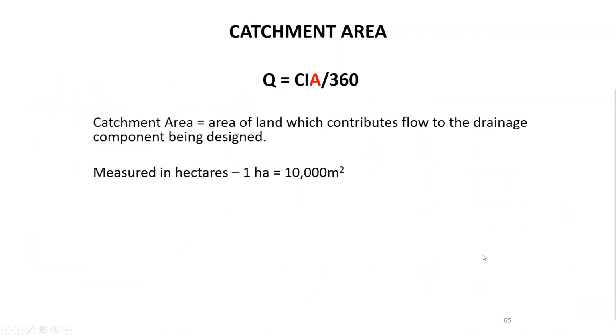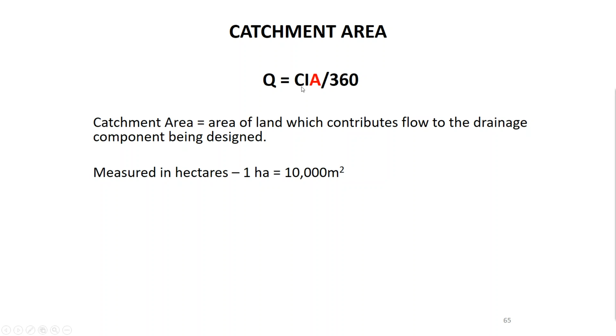Let's look at A. A is the area of the catchment. If you think about it, the intensity is the depth of the flow, and A is the area of the flow. So all you're looking at there is, in 1 hour, if you have a rainstorm of the set intensity on this particular area, that's the volume of water that's going to land on that area.